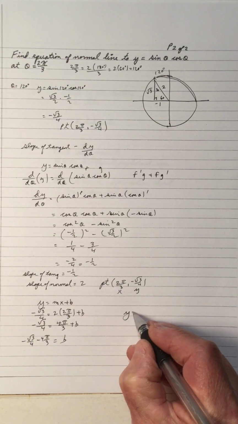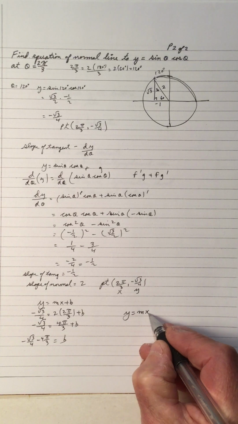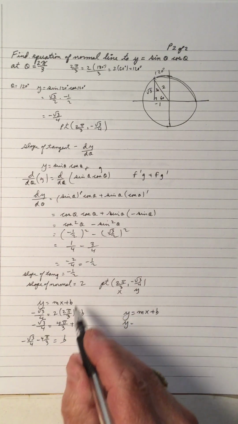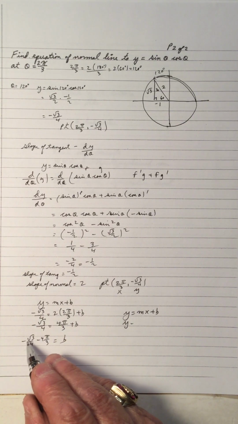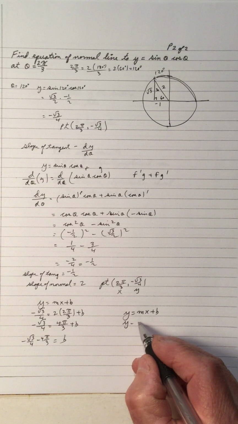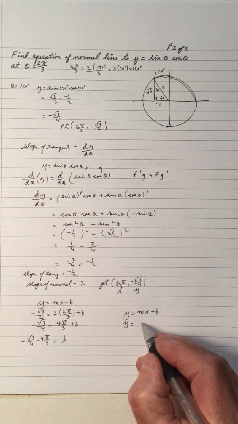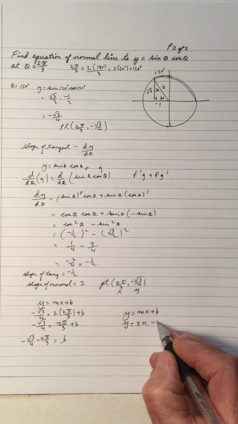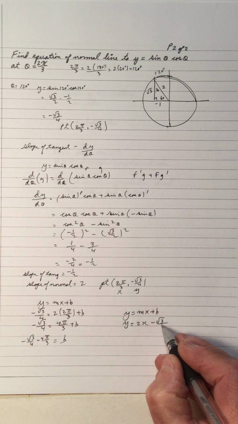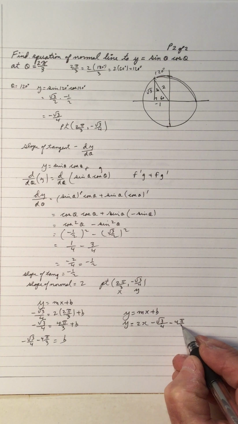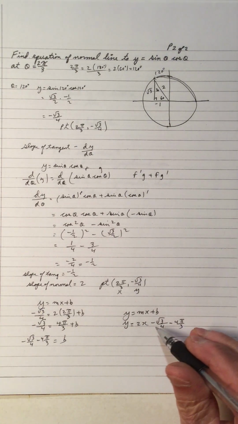So the equation of the normal, we have the slope is 2, b is negative root 3 over 4 minus 4 pi over 3. So it's 2 times x, and b is negative root 3 over 4 minus 4 pi over 3. So that's the equation of the normal.